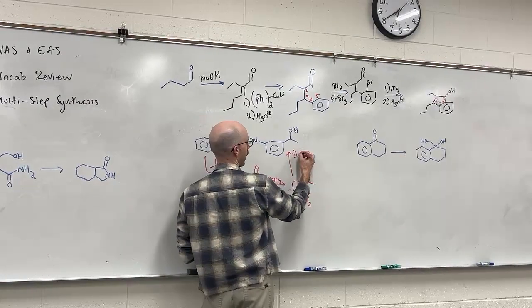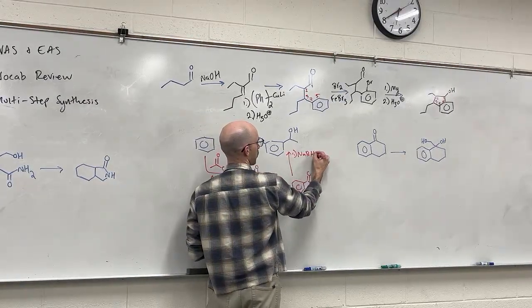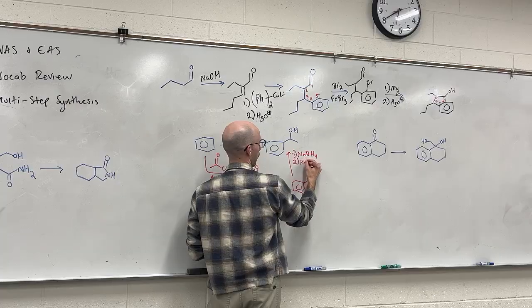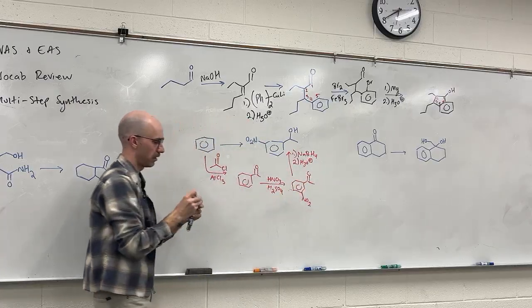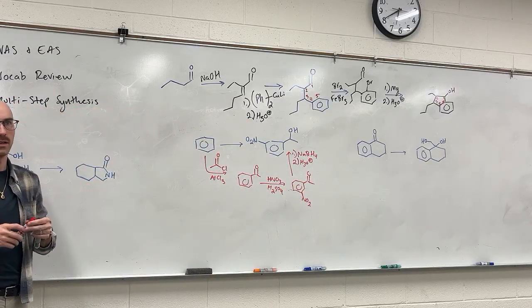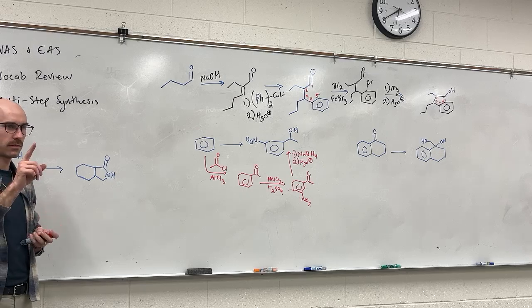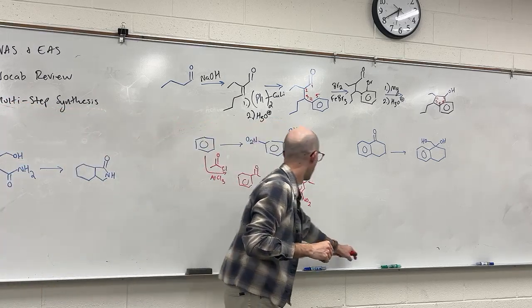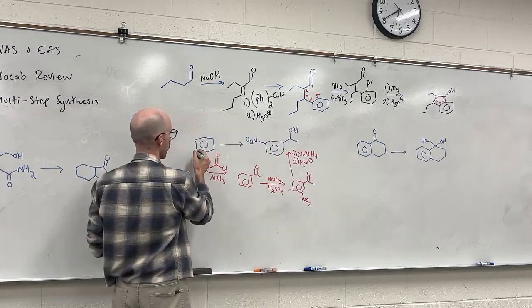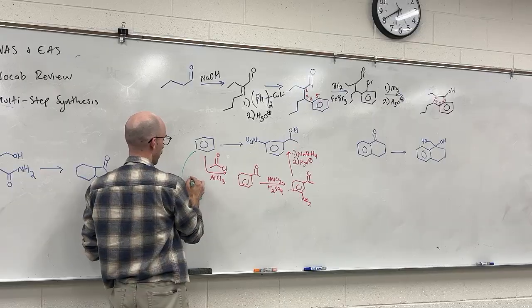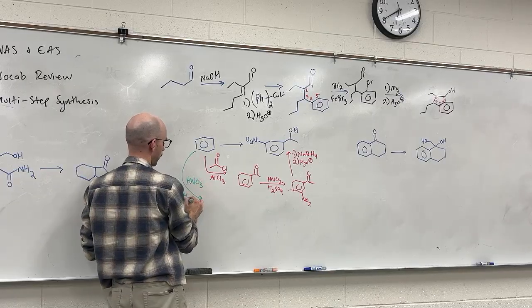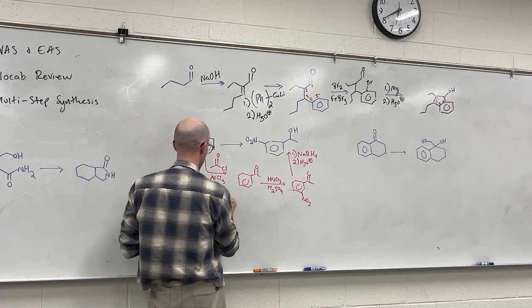directed meta by the acyl group, and then reduction. We could do LAH, we could do NaBH4. If we can do NaBH4, then of course we could do LAH. Another route was to nitrate first. This is what I saw you guys do, but it wasn't what my plan was.